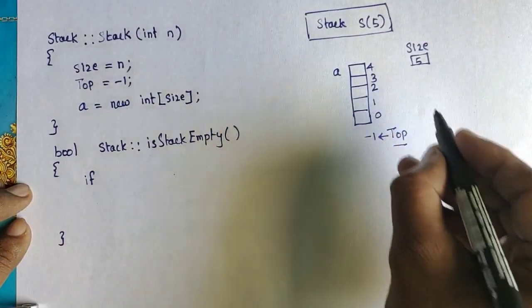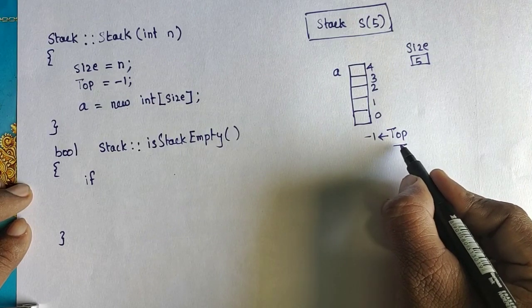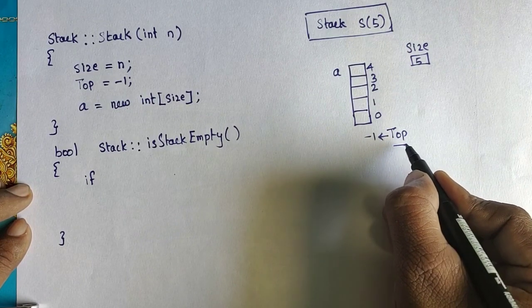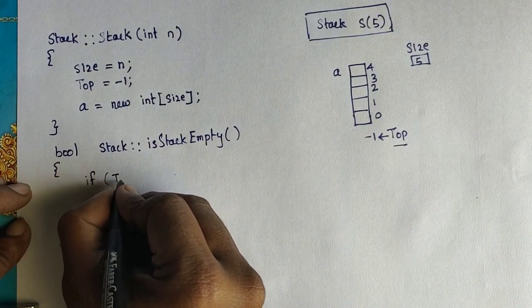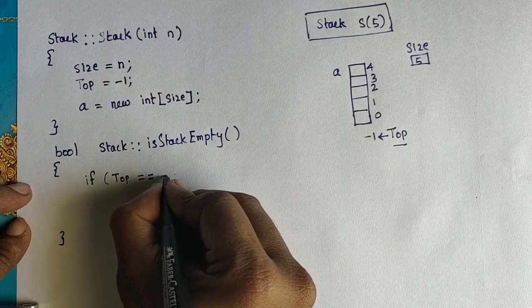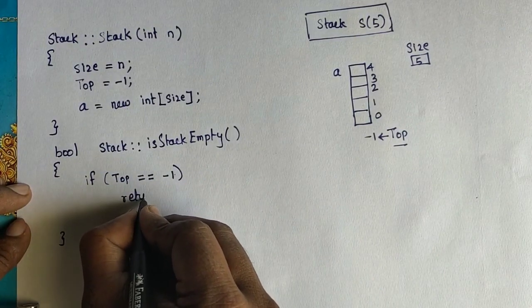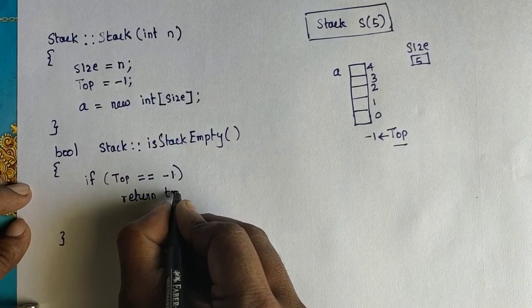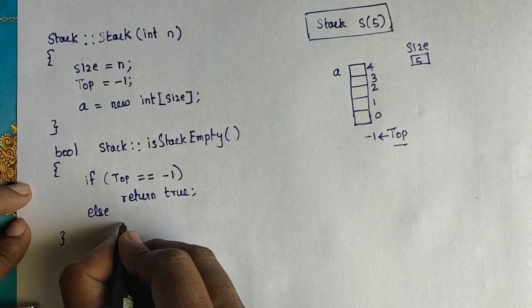Everything, whether the stack is filled or empty, is going to be identified by using the value of the top. For that only we are using this property. So if the top is equal to -1, then it needs to return true, else it needs to return false.